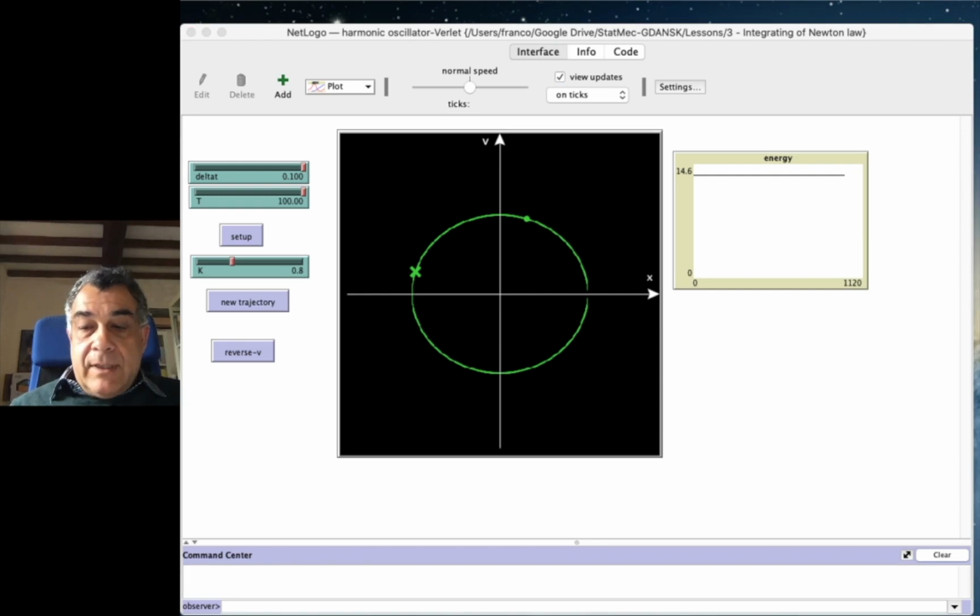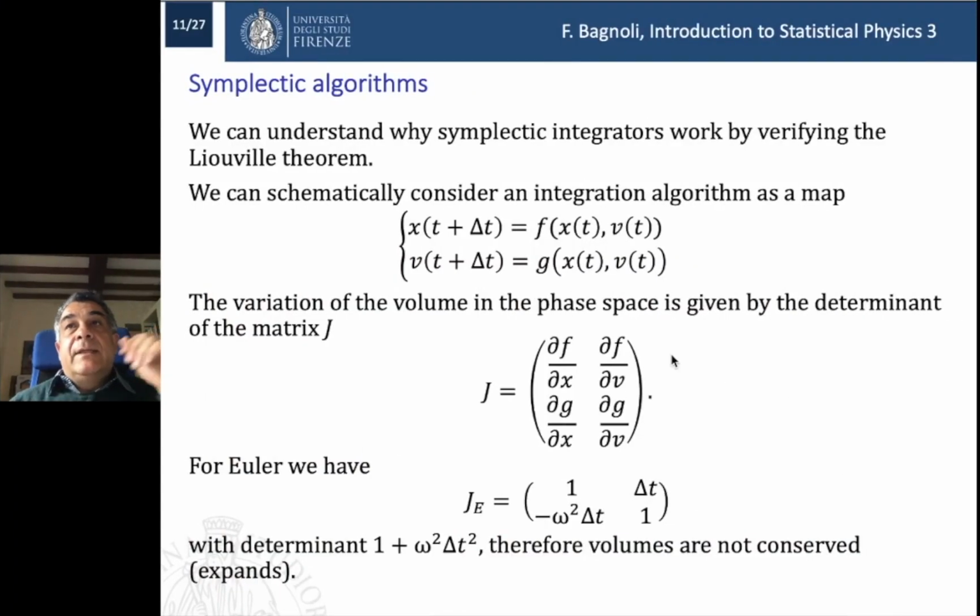Okay, so let's come back to the idea. Now, what is the motivation? Let's stay behind the fact that a certain algorithm works and others not. So let's come back to the Liouville point of view.